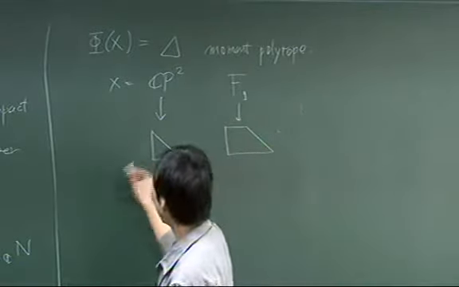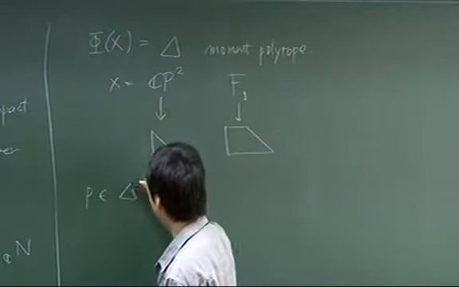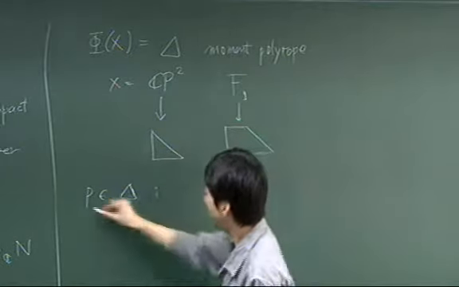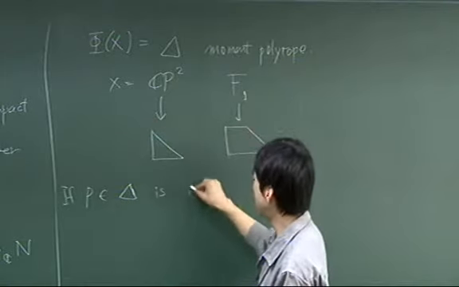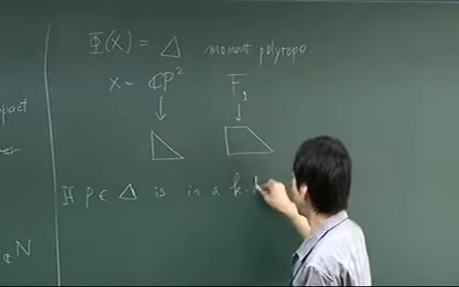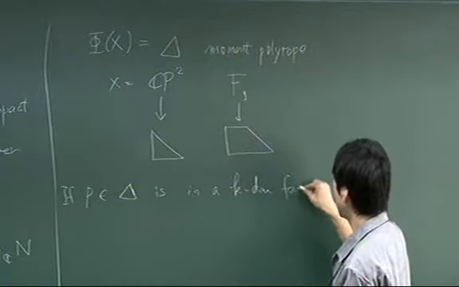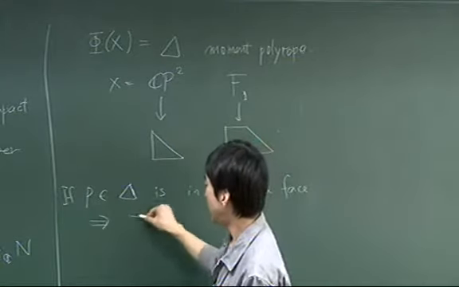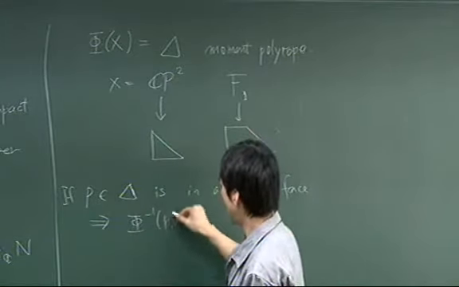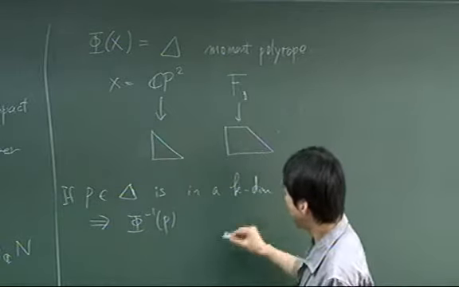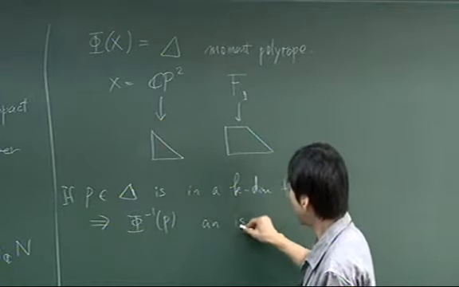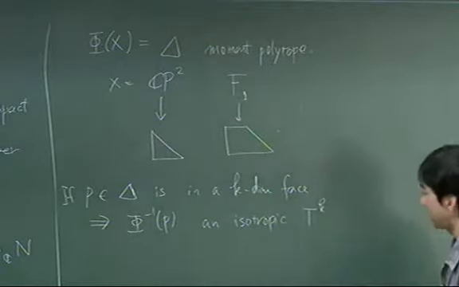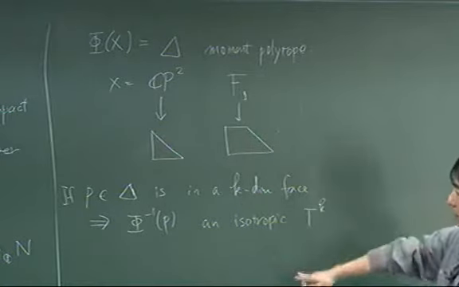And the property is that if we take a point in the polytope, and it lies in a k-dimensional face, then its fiber is an isotropic k-dimensional torus. This is the case of the toric variety.